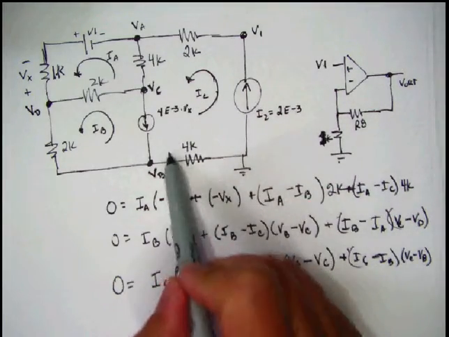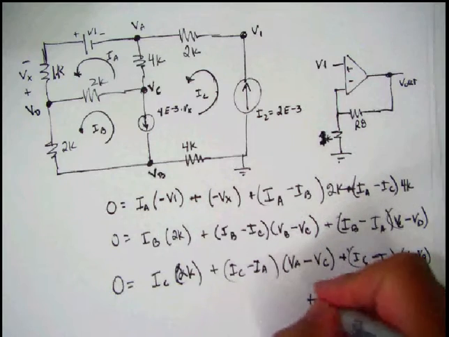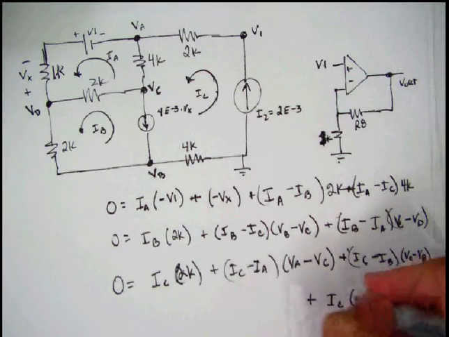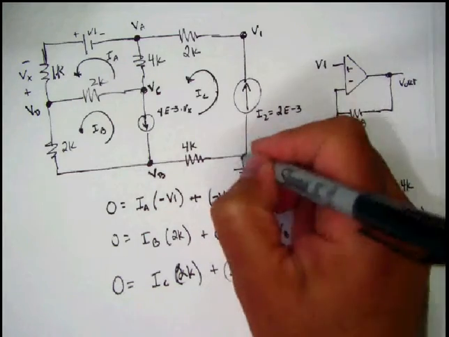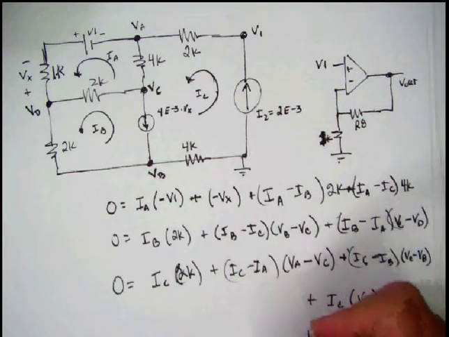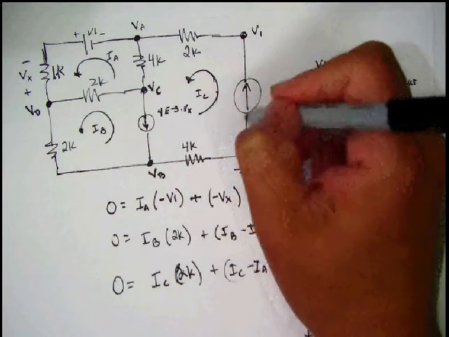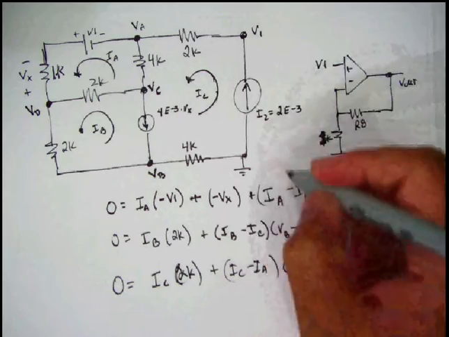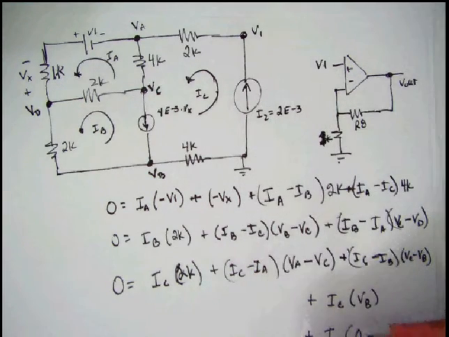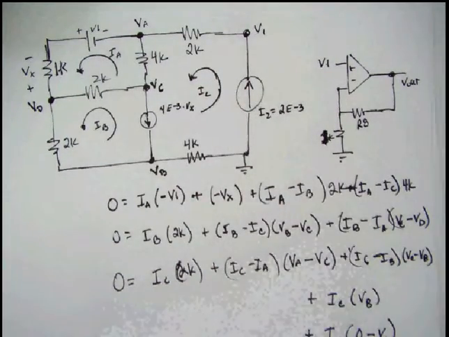We've got to go through this 4K resistor, so plus IC times VB minus 0 because we're at ground here, and then plus the current goes through here again, so it's going to be IC times the drop in voltage, which is 0 minus V1, and that's our third loop.